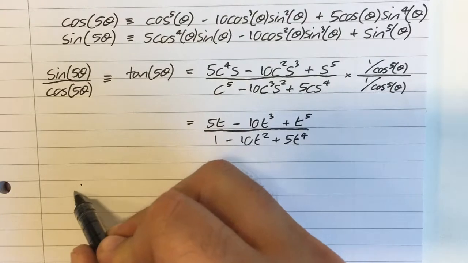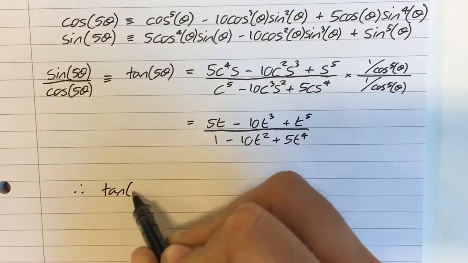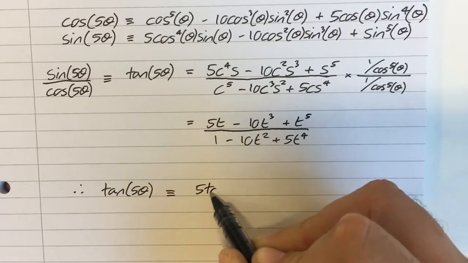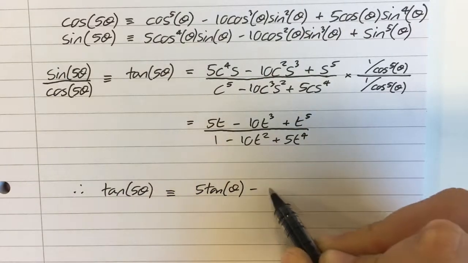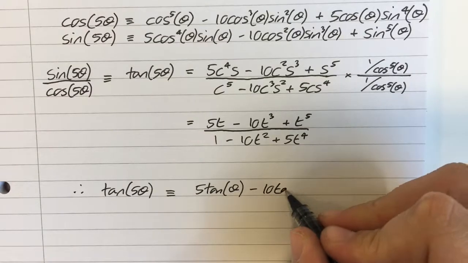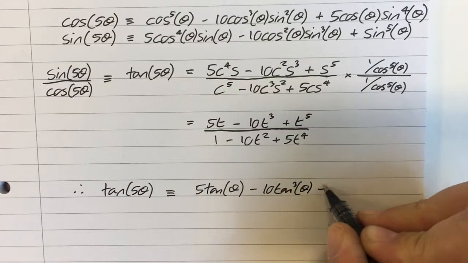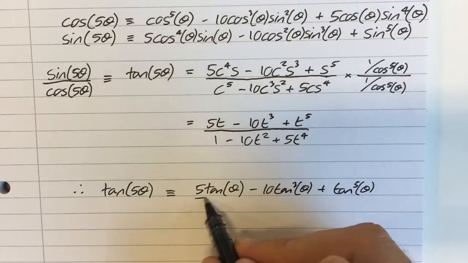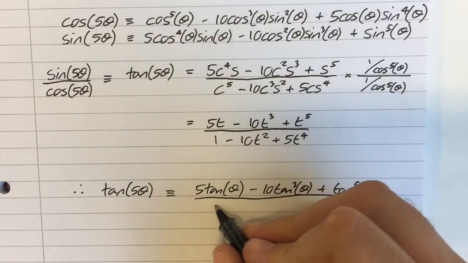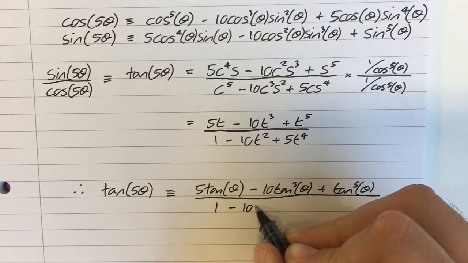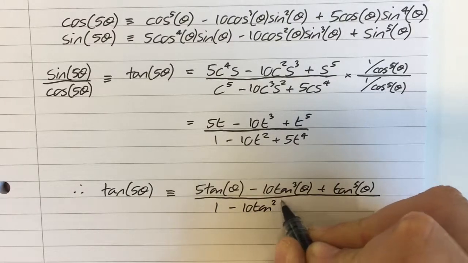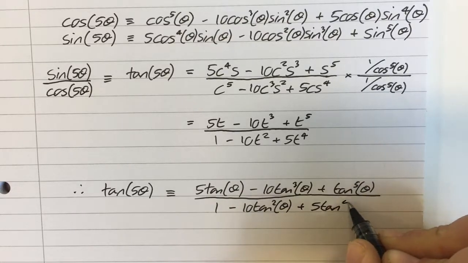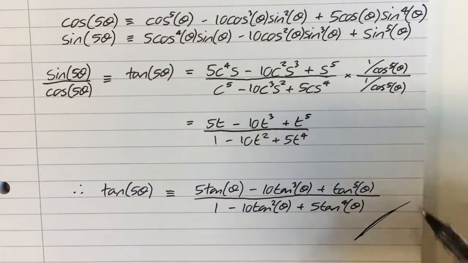So therefore, tan of 5 theta is identical to 5 tan theta minus 10 tan cubed theta plus tan to the 5 theta, all divided by 1 minus 10 tan squared theta plus 5 tan to the 4 theta.